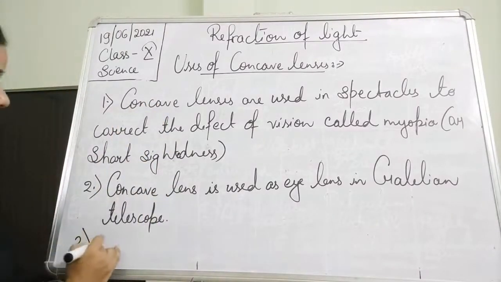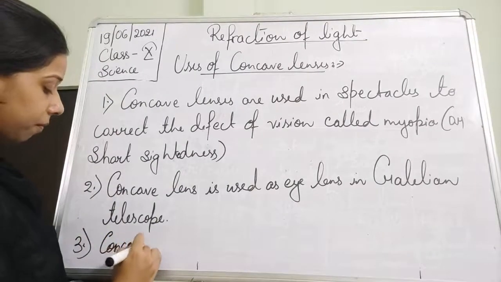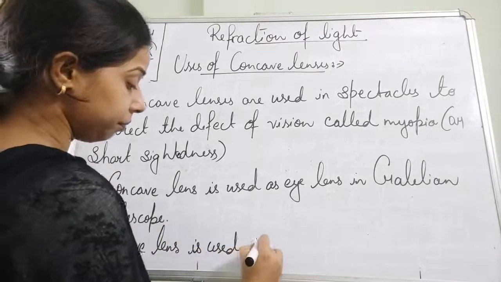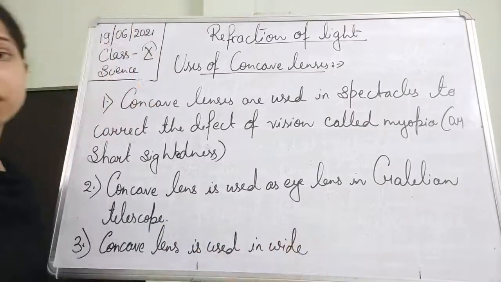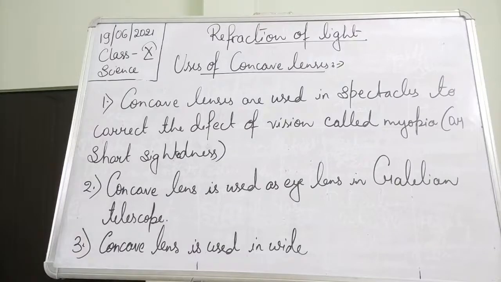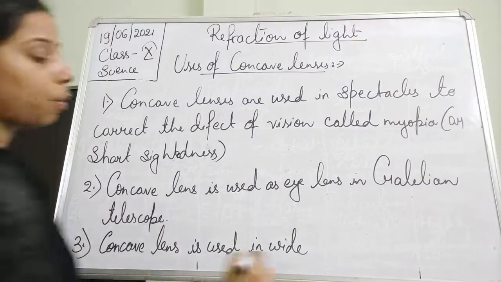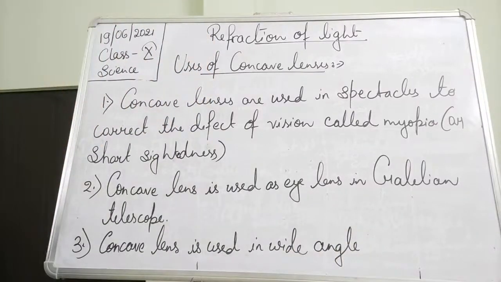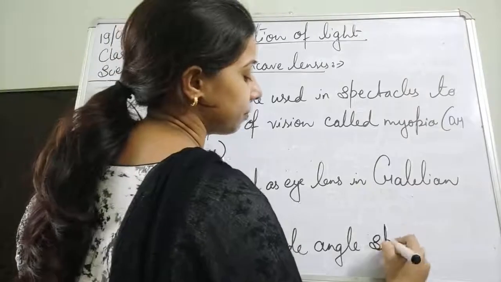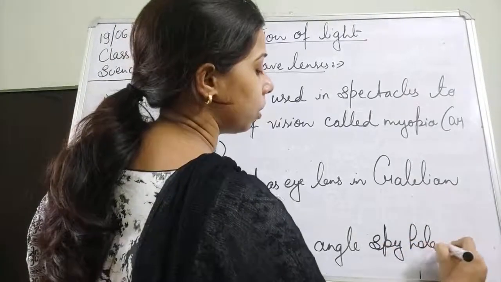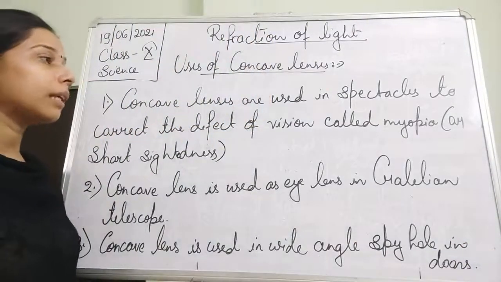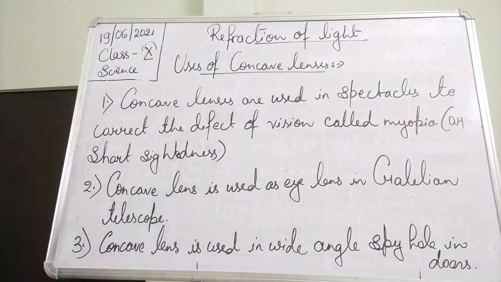It is used as a wide angle in the spy hole in doors. So the concave lens is also used for wide angle viewing in a door spy hole.